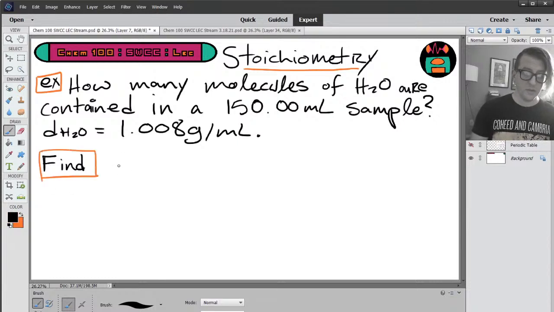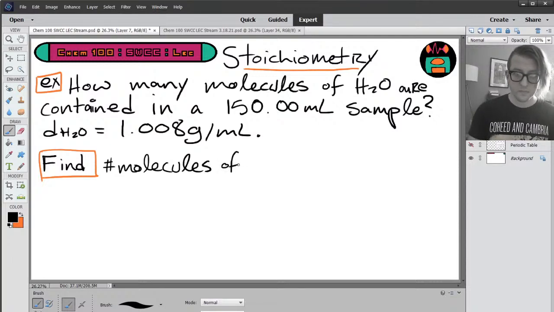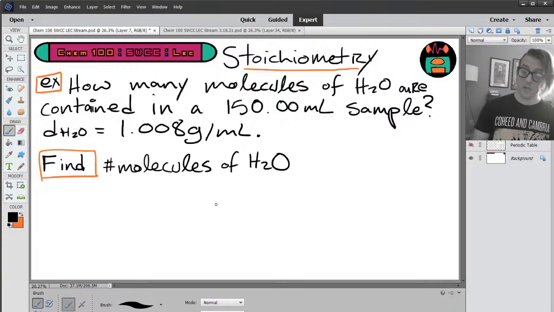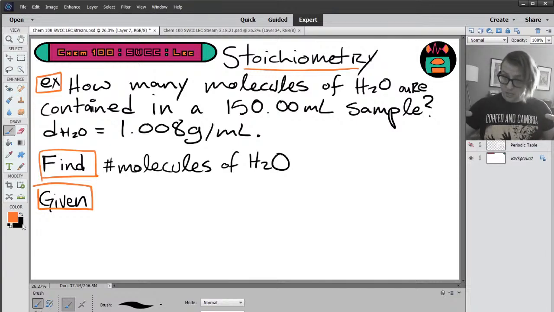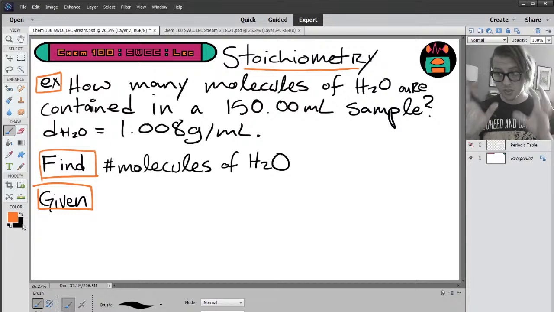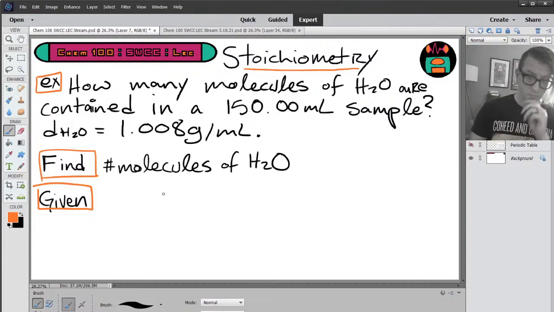We want to know the number of molecules of water. That's step one. Step two, identify what you're given in the problem. Because you're given enough information to find what you're being asked for. So start by identifying what you're given.